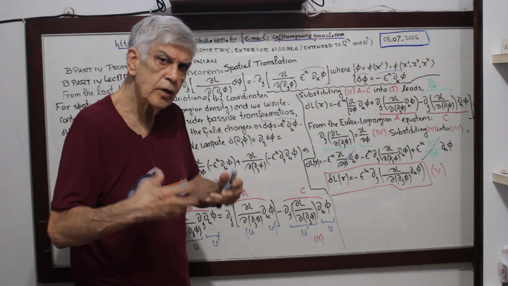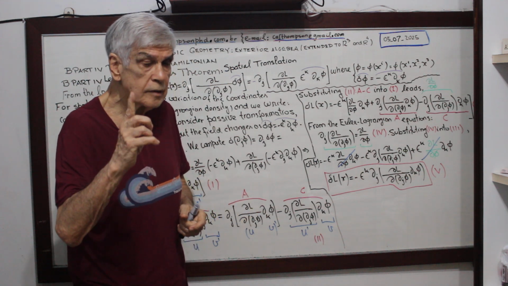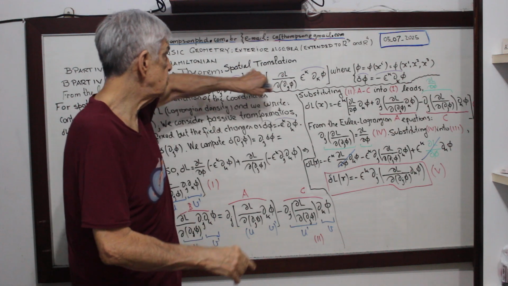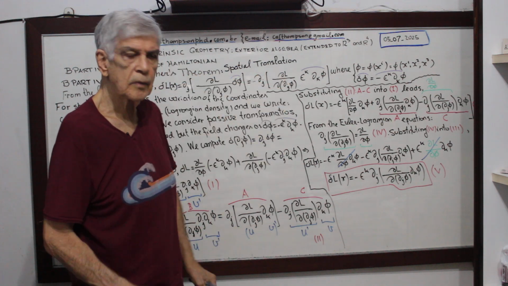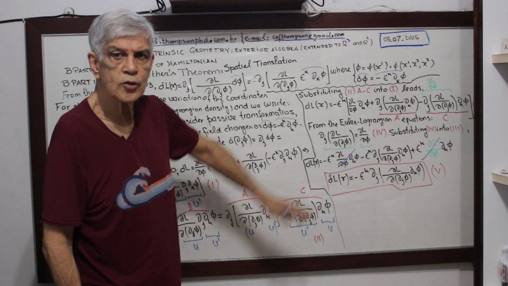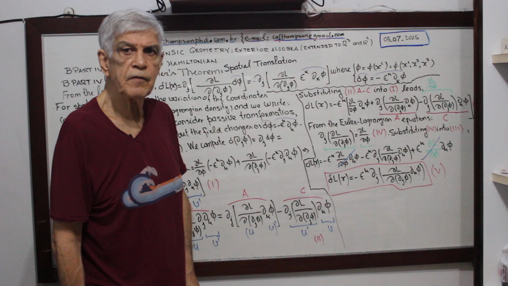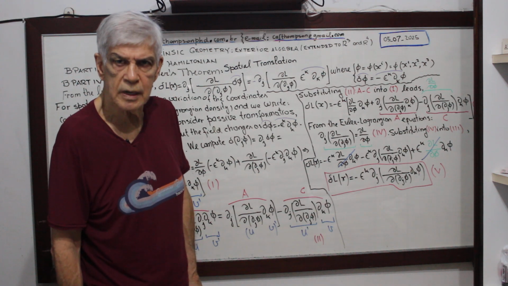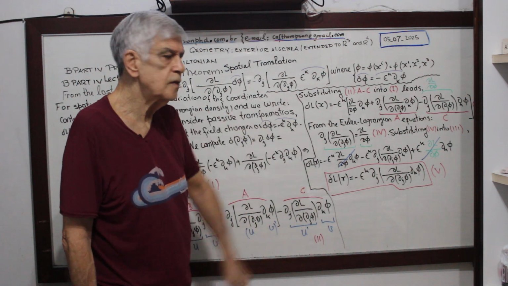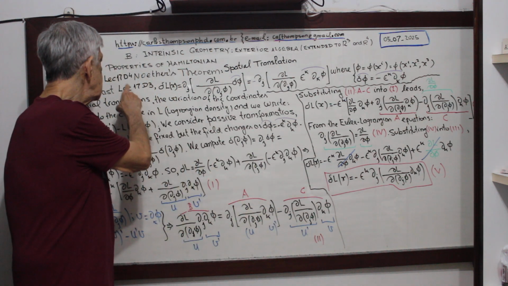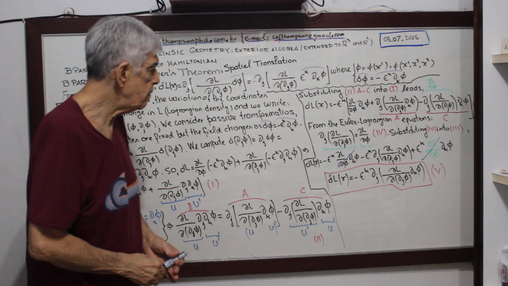But attention now, the hypothesis is spatial translation, as the symmetry. I will show that this implies a conservation of energy momentum, as you will see in the next lecture, 17D5. Okay, that's it.